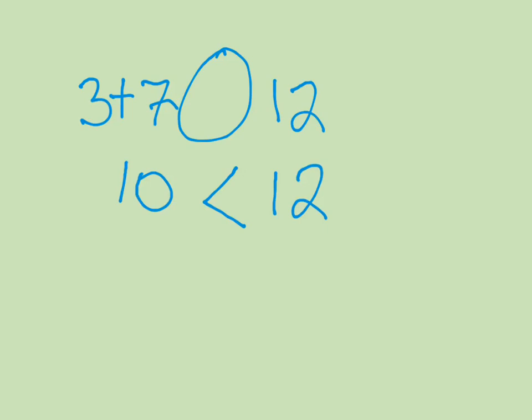Once you're down to one number on each side of the comparison, you can decide which symbol you're going to put. So now, let's talk about the three main symbols that we have for comparisons. There are going to be many more that we introduce later, but for right now, let's focus on the three main ones.